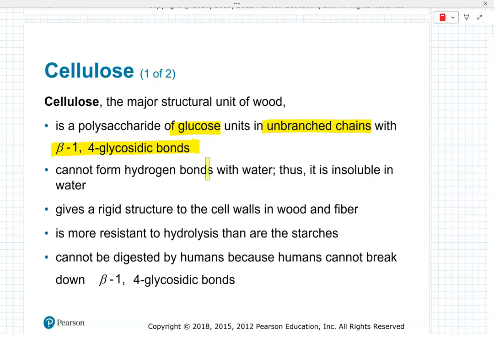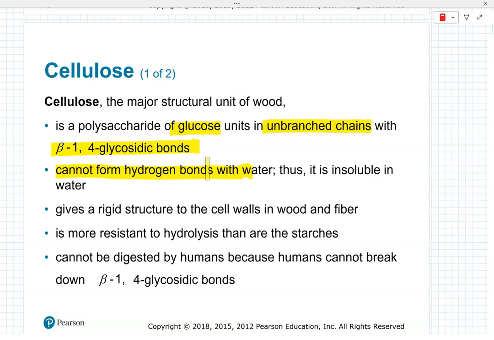Now, that statement is not correct. Cellulose can form hydrogen bonds with water, but the molecules are too large to be dissolved. Now, listen closely. If you take a piece of paper and you drop water on it, will paper absorb water? Yeah. That cellulose will interact with water molecules. It's not going to be dissolved, but it will interact.